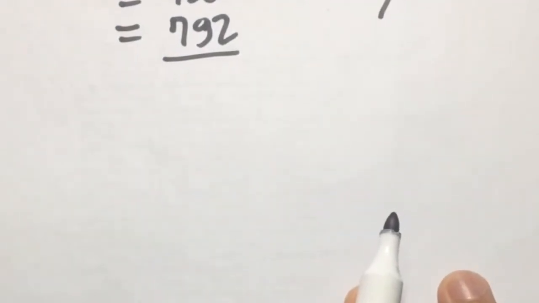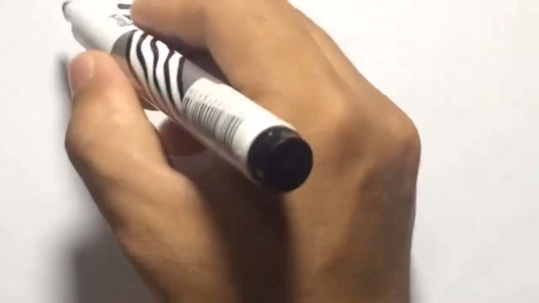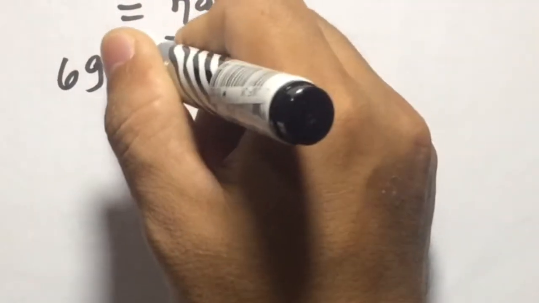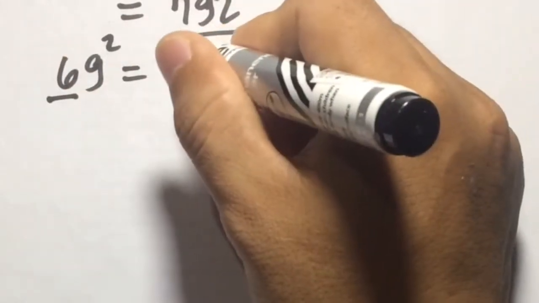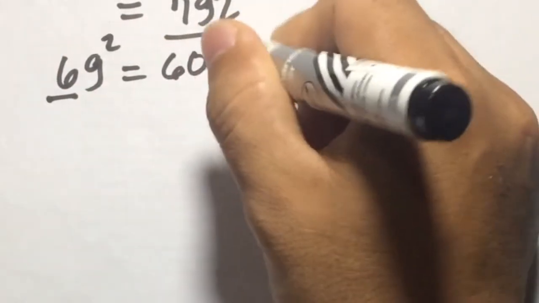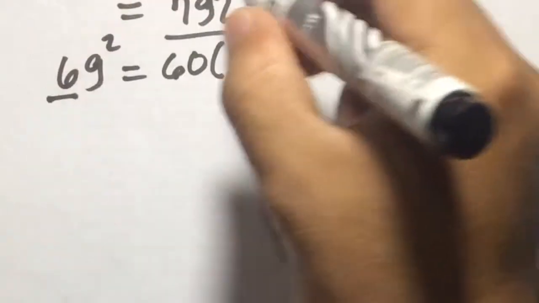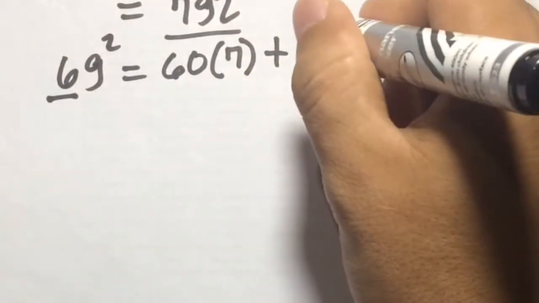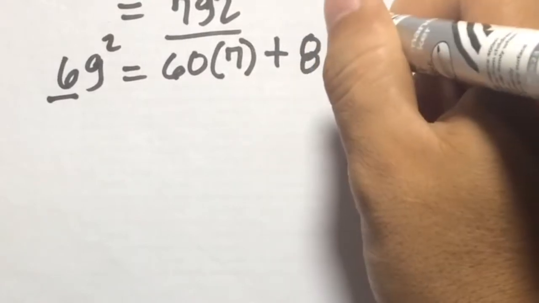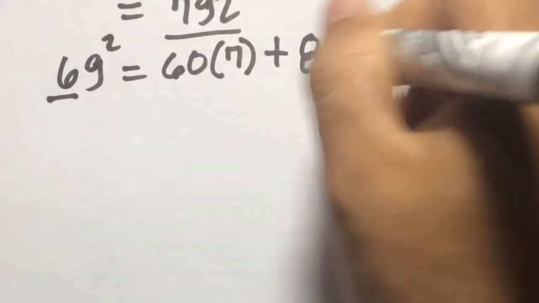Okay, another example, let's have 69 squared. The first digit here is 6, so that will be 60 times the next digit, which is 7, plus the constant number 8, then times 7.